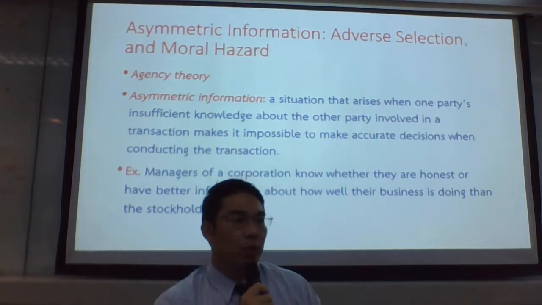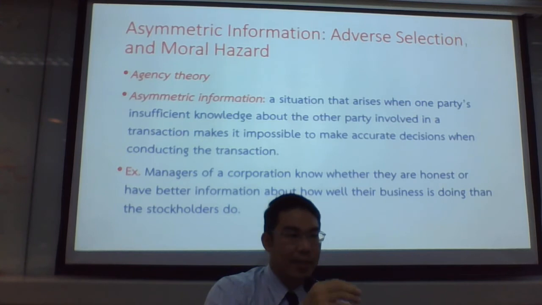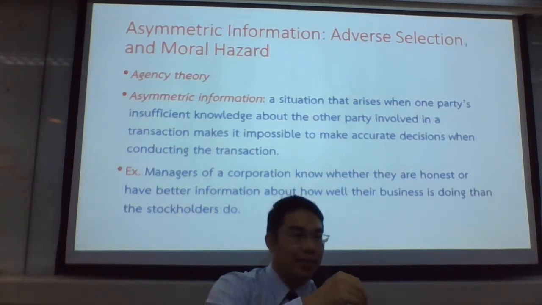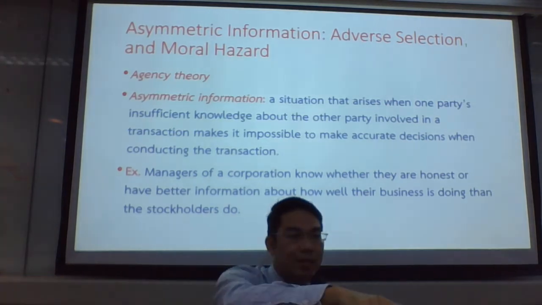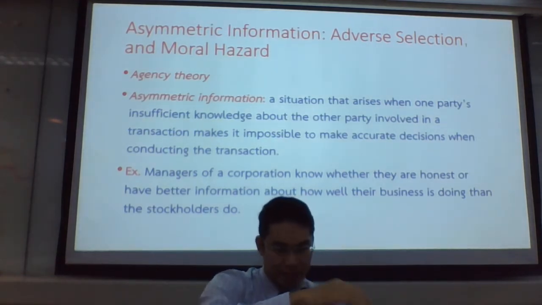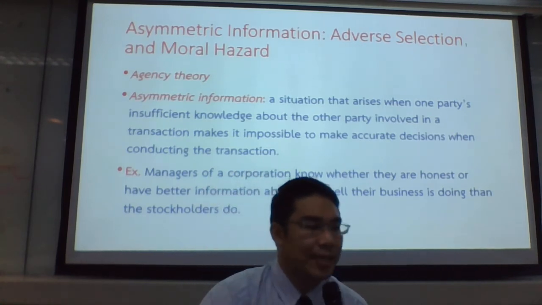The theory that we use to describe the asymmetric information in economics is the agency theory. In fact, the asymmetric information, as I mentioned earlier, is the disparity of information of the two sides of the financial transaction.